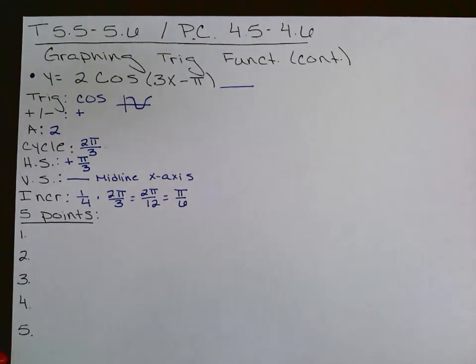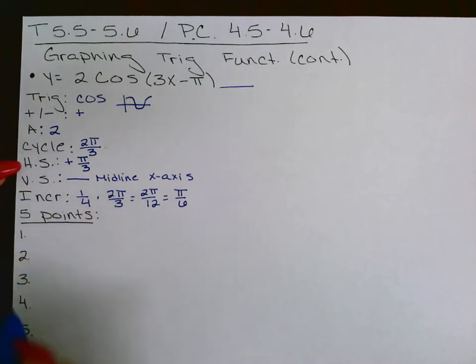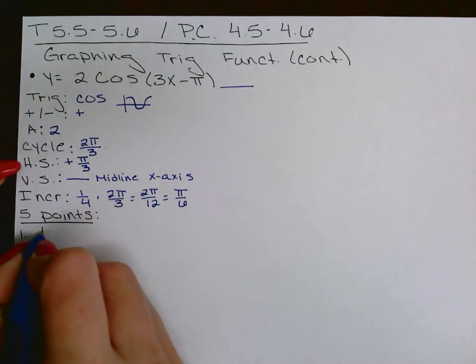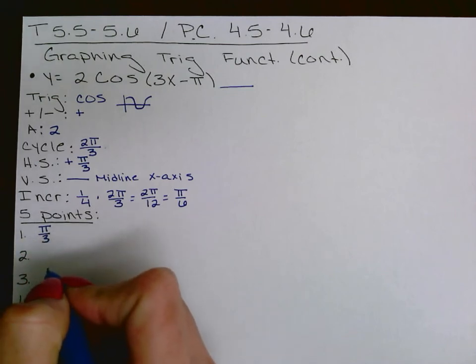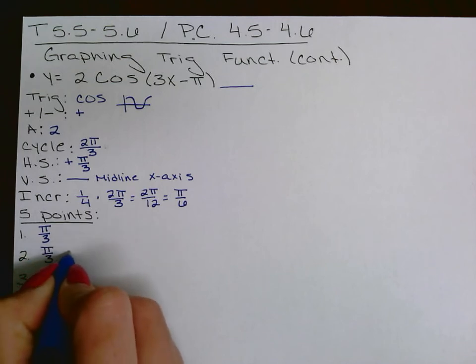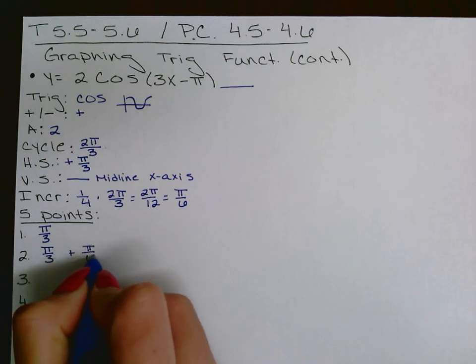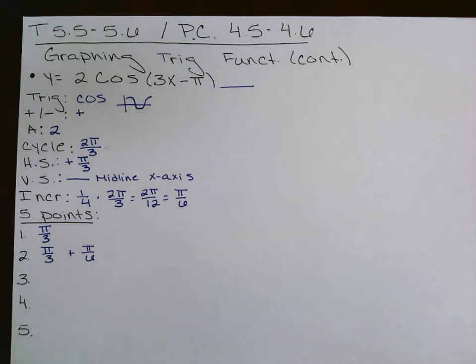So now for my 5 points, remember that the first of my 5 points is dependent on my horizontal shift. If I don't have a horizontal shift, then it's at 0. So point number 1 is pi over 3. Point number 2 is grabbing pi over 3 and adding my increment, which is pi over 6, exactly.